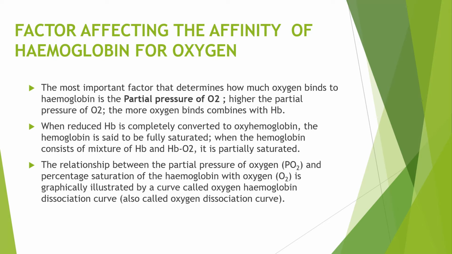When reduced hemoglobin is completely converted to oxyhemoglobin, the hemoglobin is said to be fully saturated, and when the hemoglobin consists of a mixture of hemoglobin and oxyhemoglobin, it is known as partially saturated. The relationship between the partial pressure of oxygen and the percentage saturation of the hemoglobin with oxygen is graphically illustrated by a curve known as the oxygen hemoglobin dissociation curve, also known as the oxygen dissociation curve.